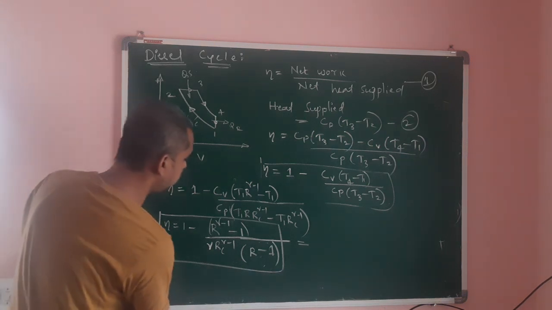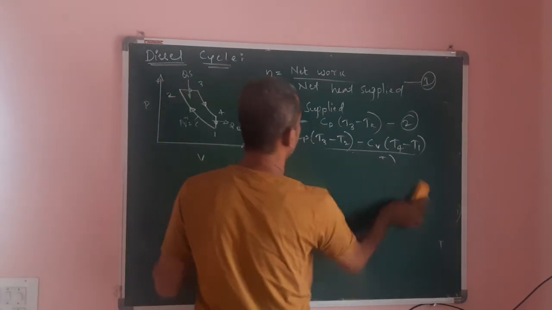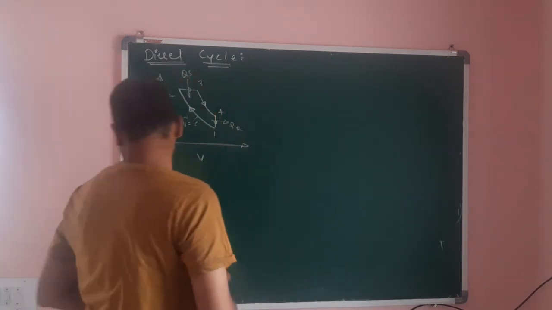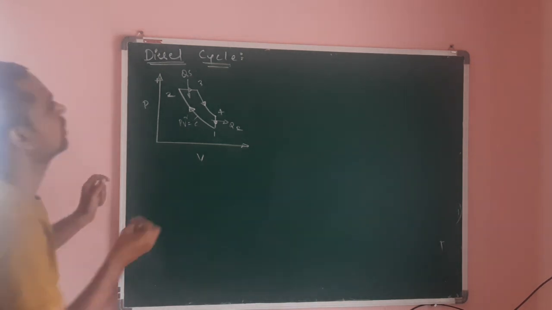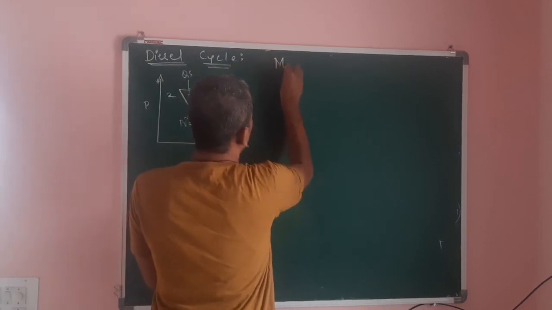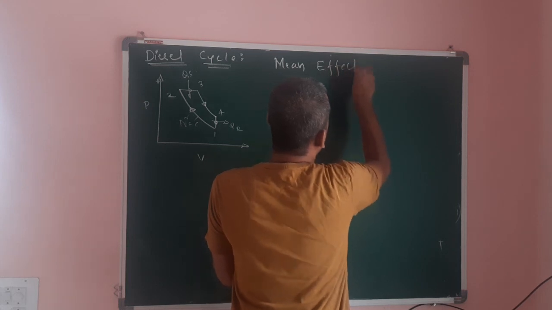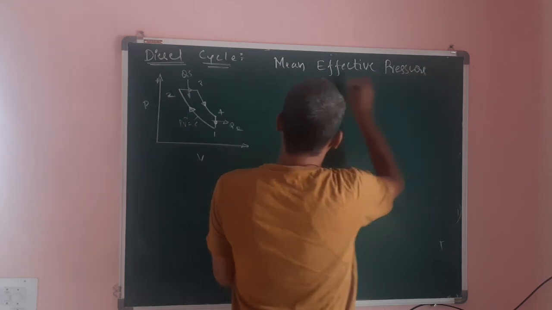Now the expression for mean effective pressure. Mean effective pressure is nothing but net work done divided by swept volume.